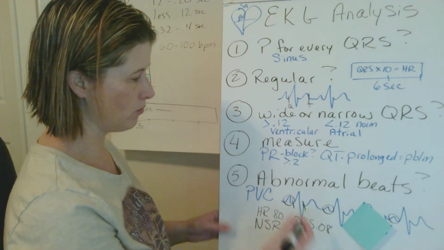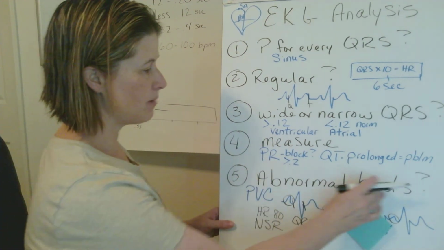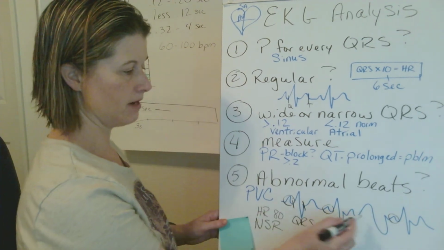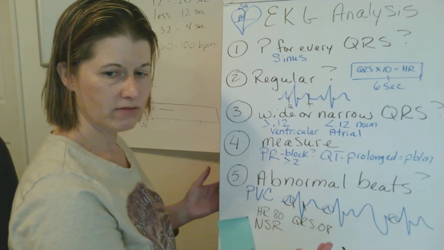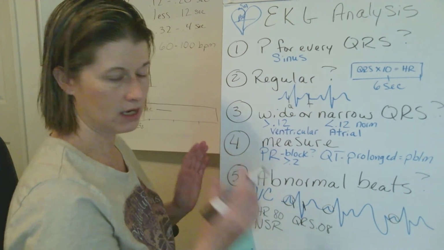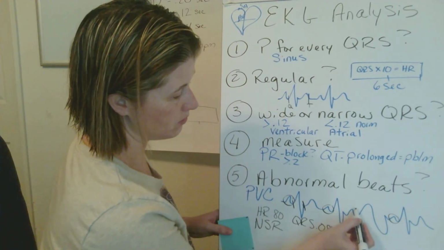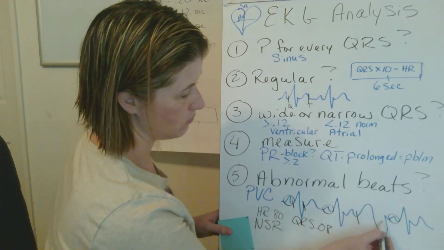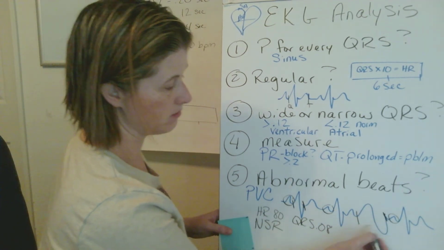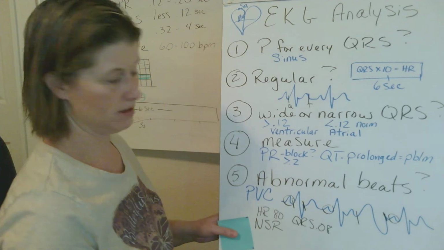My PR is normal. Everything is good. Do I have abnormal beats? Well, yeah, this one looks funny. There's no P wave, so it's probably not atrial, but let me measure. I would measure the QRS, where it comes back to baseline, is here. That's definitely wide, right?